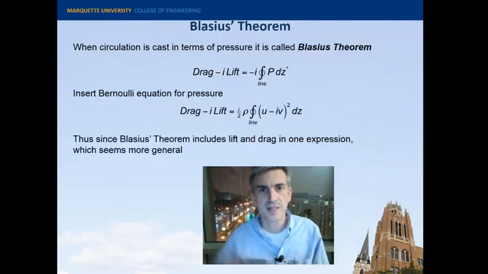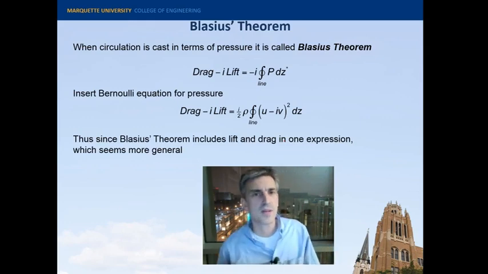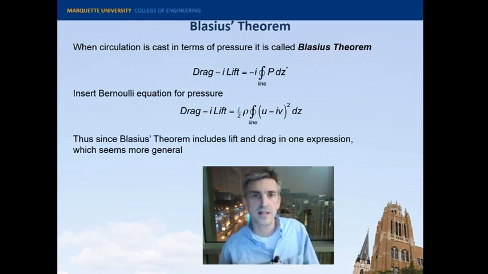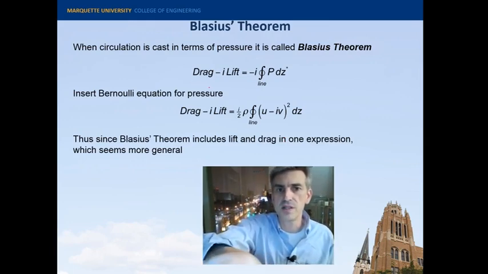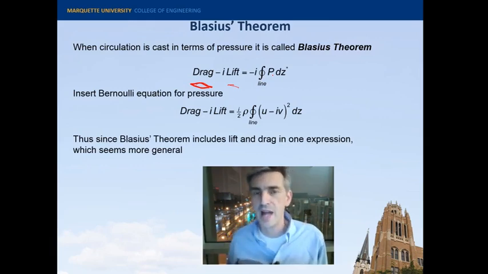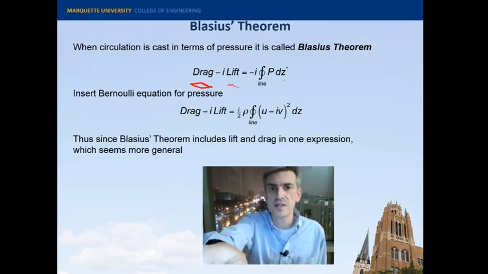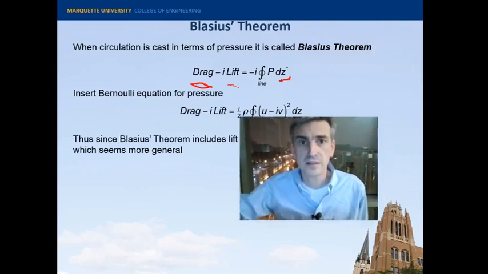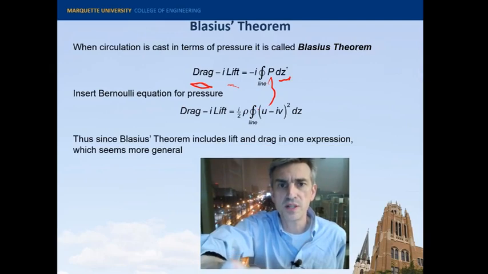All right. Now the Blasius theorem, I'm not going to spend a lot of time on it because I don't want to do too much in the complex plane here, but essentially realize that we can relate the drag force and the lift force in a single expression using the Blasius theorem. And so really the drag is the real part and the lift is the imaginary part using this complex description, Z. If we insert the Bernoulli equation for what the pressure is, we get this expression here.